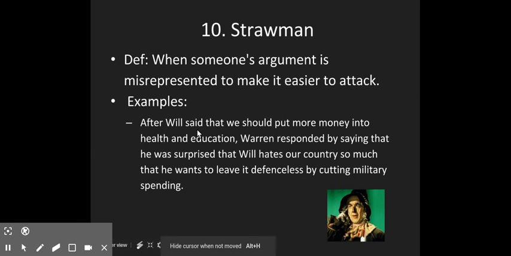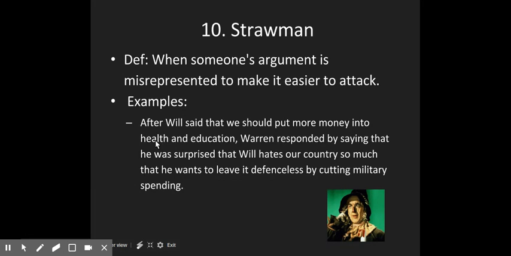All right, so this guy Will just made a simple comment about wanting to put more money in health and education, and this guy Warren comes and says, well, you know what, Will? If that's the case, you must hate our country because you don't want to put money into military spending. Well, that's not what Will said, but you are twisting his words to make it sound like he made a weak argument that he really didn't make.